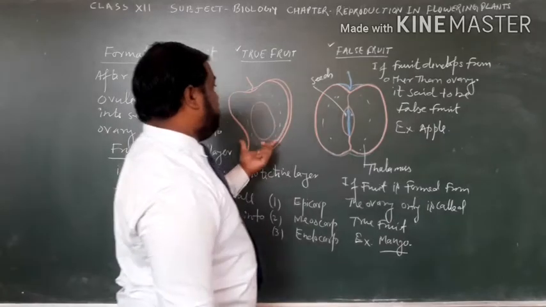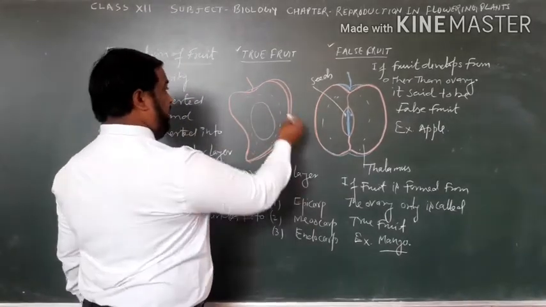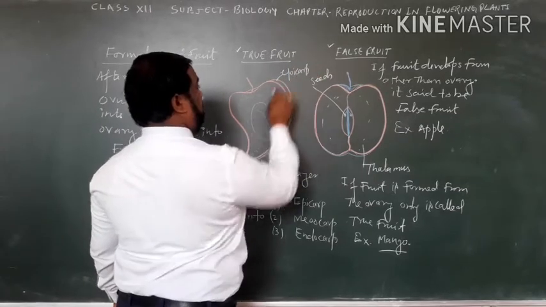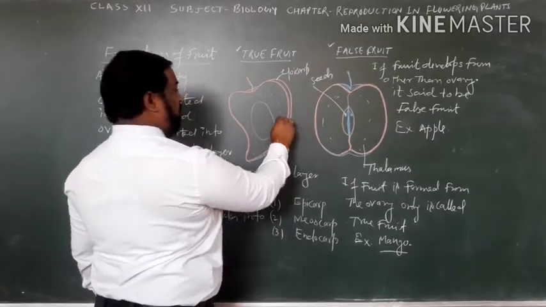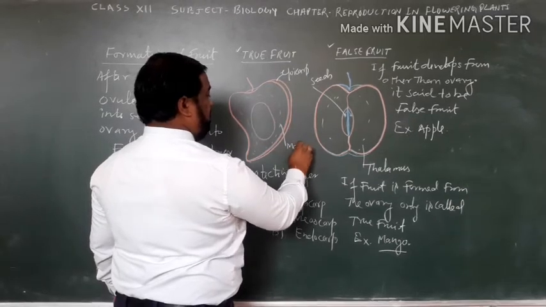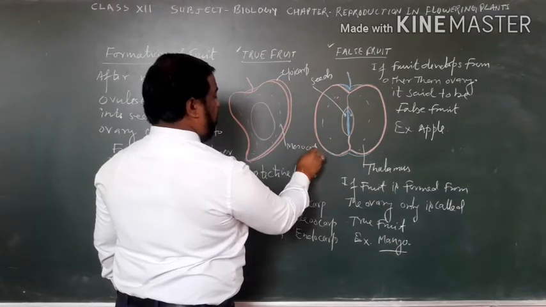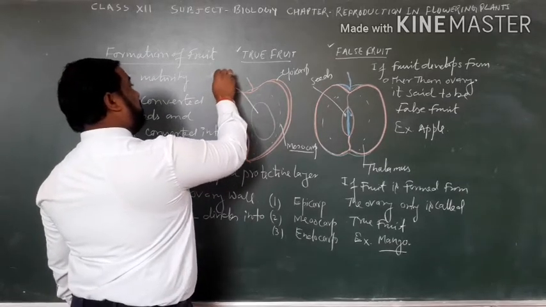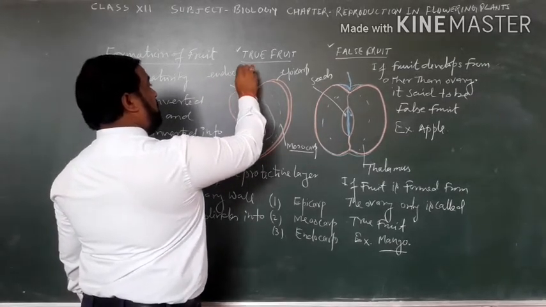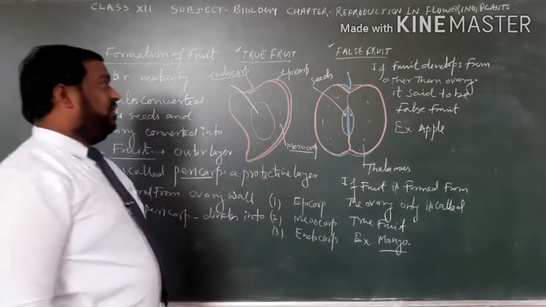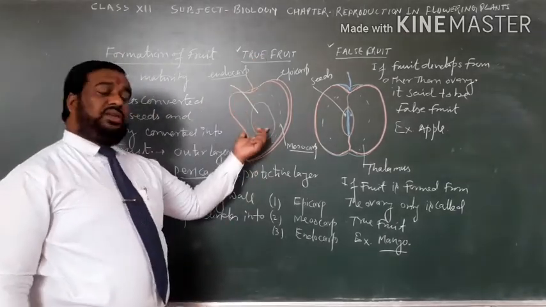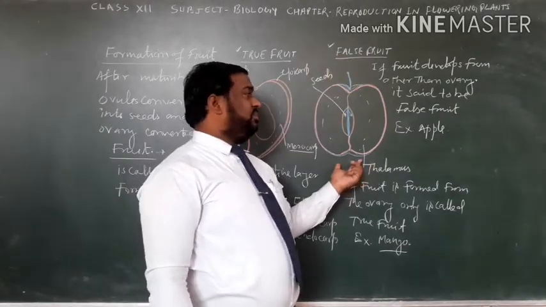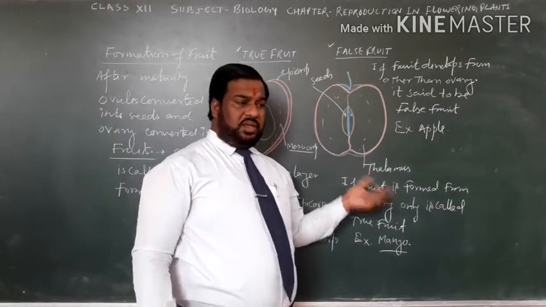This mango has an outer layer epicarp, the mesocarp, and a hard and stony endocarp. So this is a true fruit, example mango. This is a false fruit, example apple.